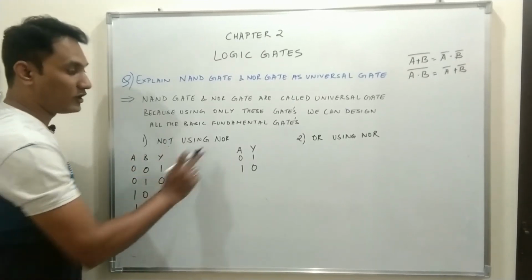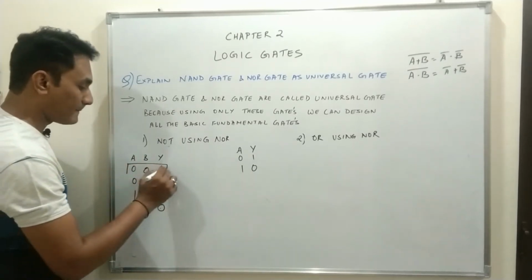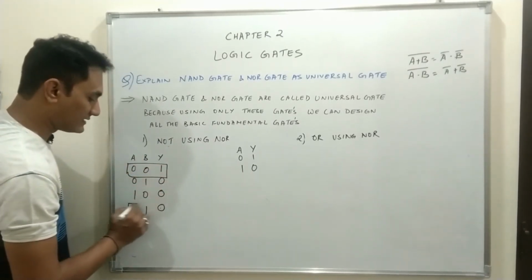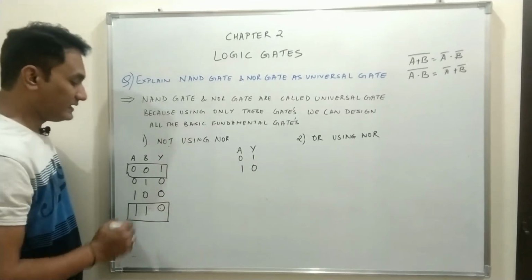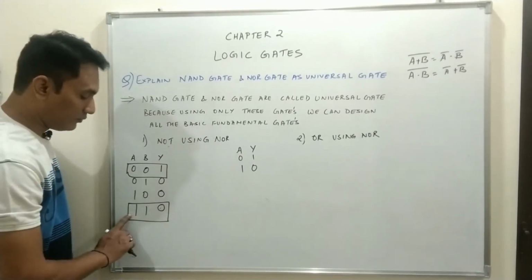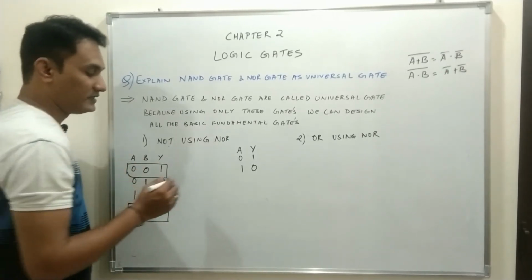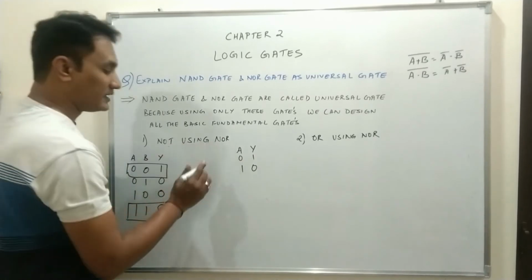So this is the output of a NOR gate. Again, you have to focus on the first and the last condition. In the first condition, when both the inputs are 0, the output is 1, and when both the inputs are 1, the output is 0. You have to use this condition to design a NOT gate using NOR.